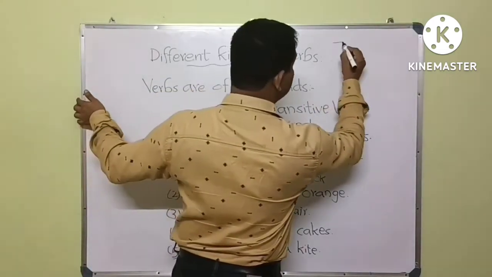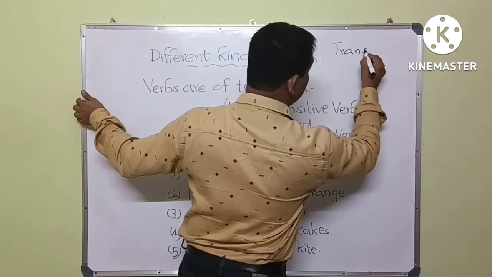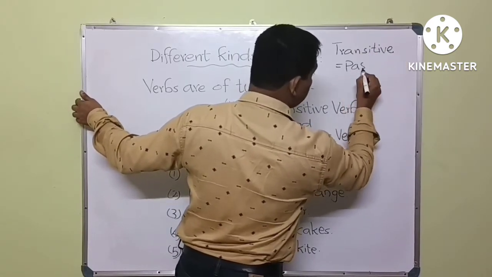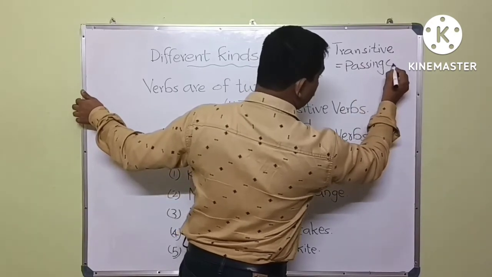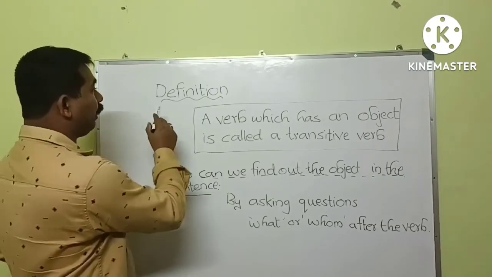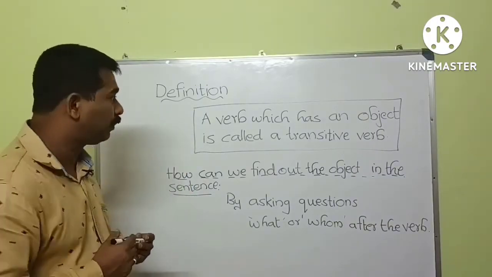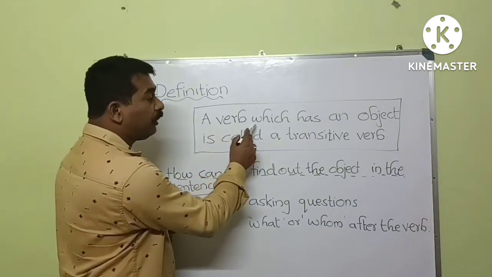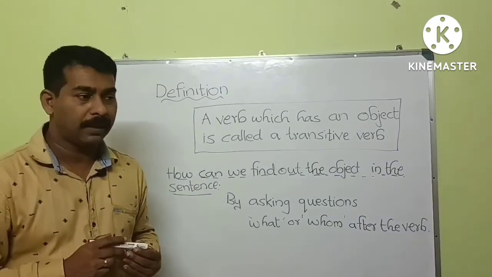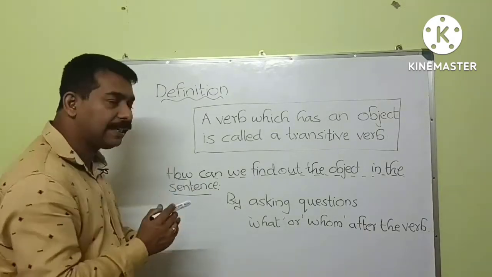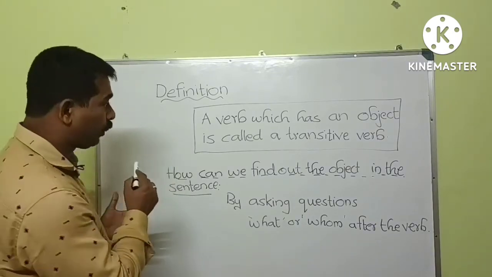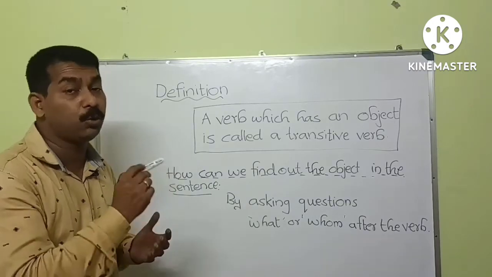The word transitive means passing over. Then we have the definition of a transitive verb. A verb which has an object is called a transitive verb. In other words, a transitive verb is a verb which passes over from the doer of the action to the object.